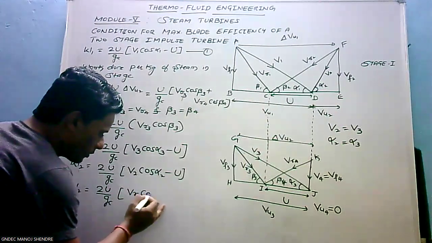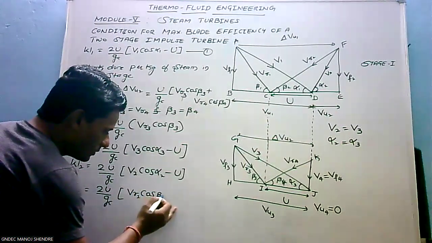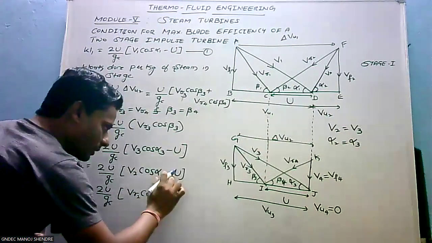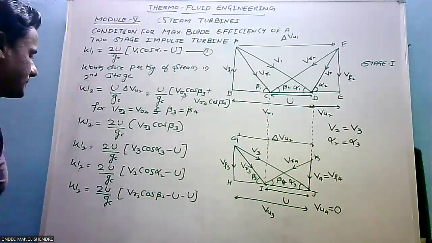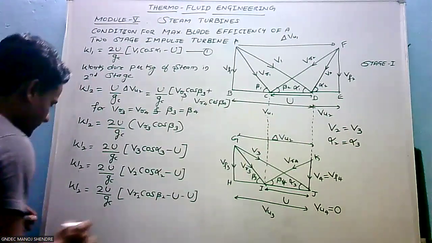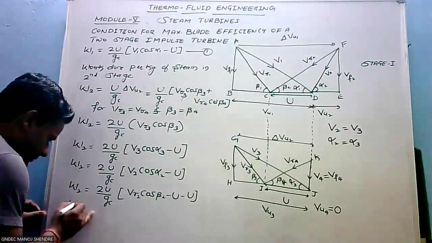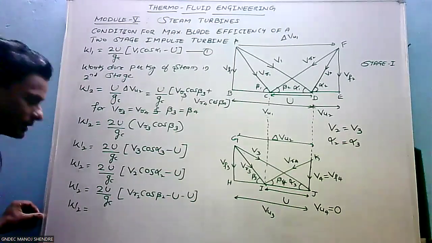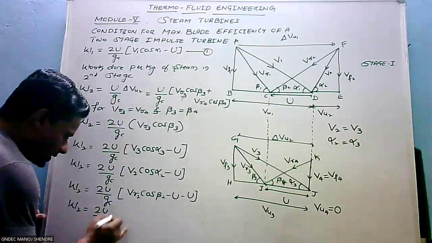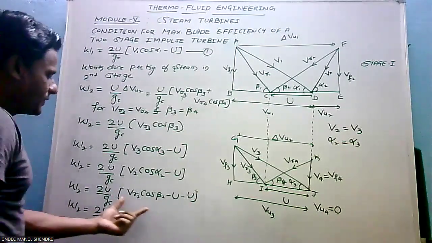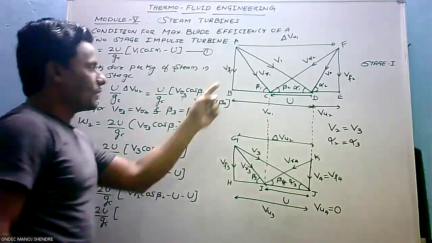VR2 cos beta 2 minus U, this as it is. Okay? Minus U this as it is. Now look at the board carefully. W2 is equal to 2U by GC as it is, into this VR2 cos beta 2 can be written as.